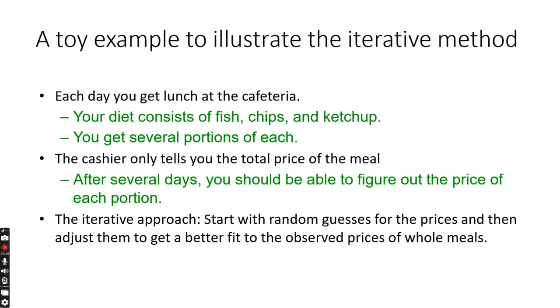This is where the iterative approach comes in, to analyze the price of each portion of the item you are consuming. Start with random guesses, and day to day you adjust the weights and calculate the price. One day you can ultimately understand what amount you are paying for each portion of each item. This is the toy example.